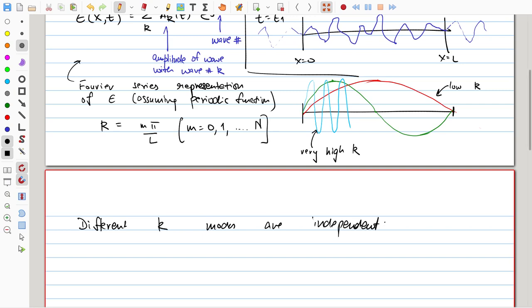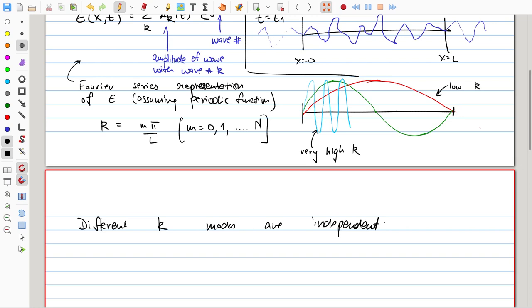You can think of these different frequencies as a basis for your space. In linear algebra, in a 3-dimensional space you have bases x, y and z. So i hat, j hat and k hat are independent directions. If you have a certain component in the i hat direction, that does not change the components in the j and k directions.